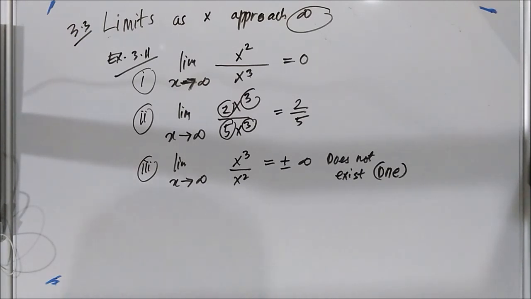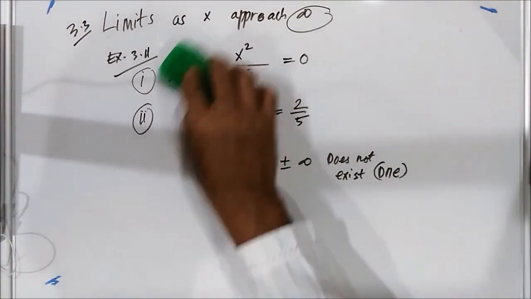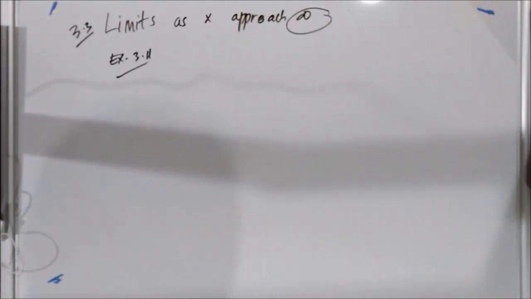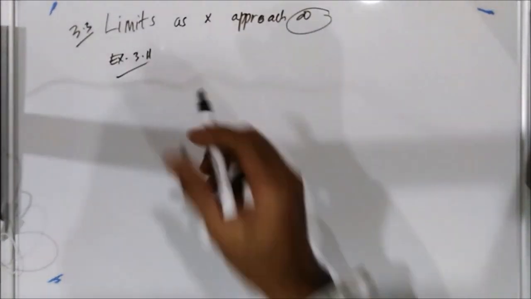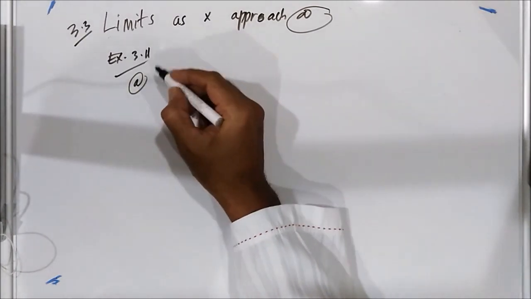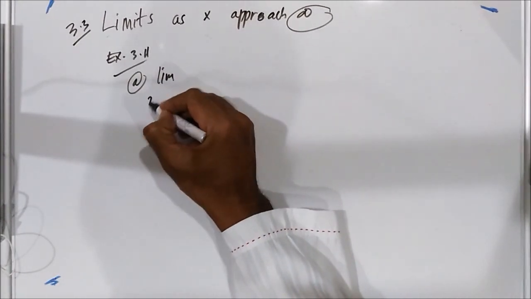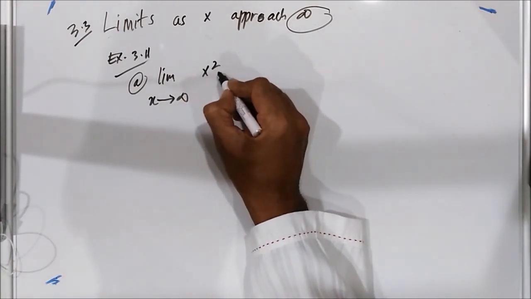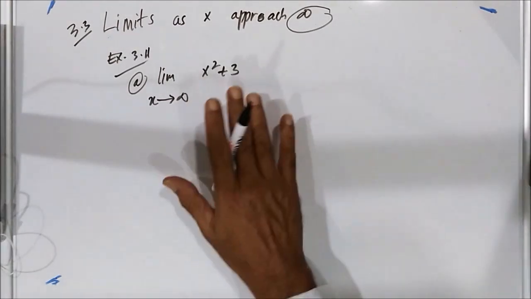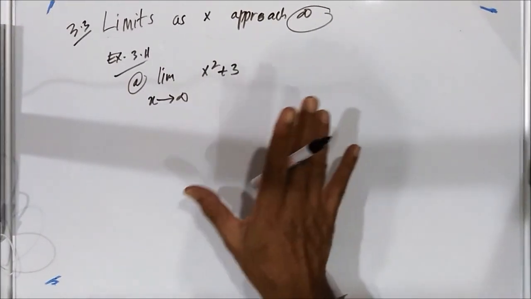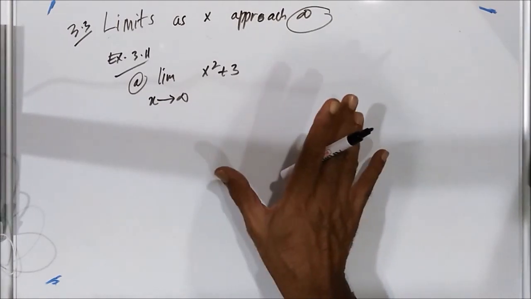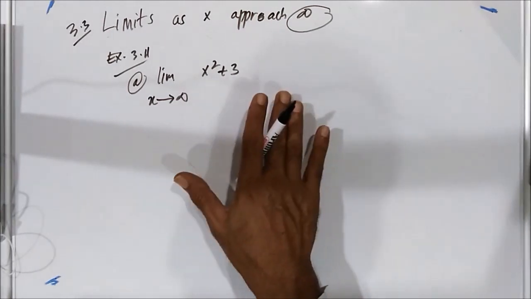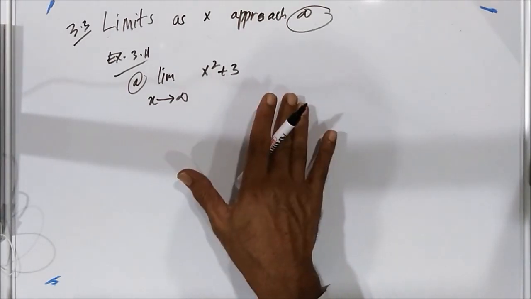So look at a few examples here. Example number 1, A. I have here the limit of x approaching infinity of x raised 2 plus 3. For this case, we cannot apply the rules that I gave just now, because this is a normal function, not a rational function.